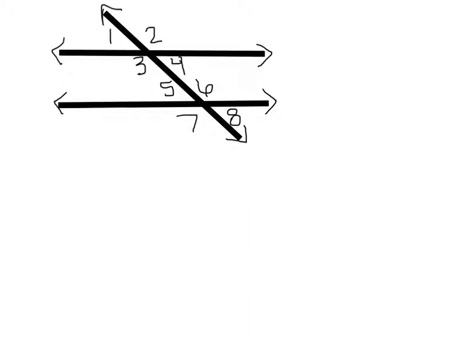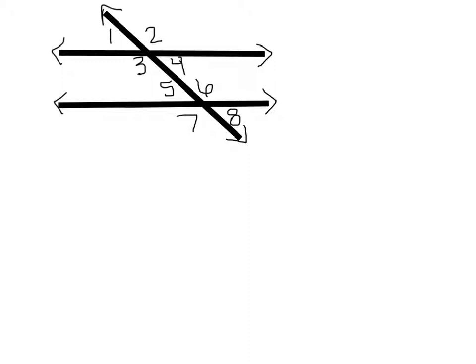All right, now when I've got parallel lines cut by a transversal, there are some different types of angles going on here. First off, I want us to look at interior angles. I want you to think about the word interior for just a minute. What does just the word interior by itself mean? Inside. Interior means inside. So what do you suppose interior angles will mean?